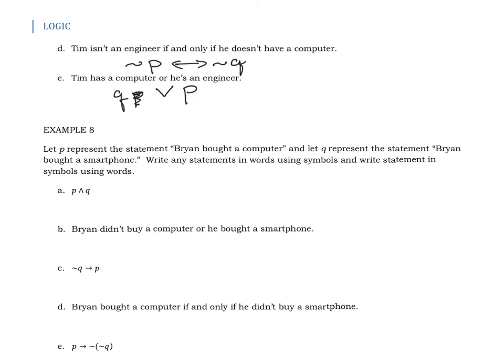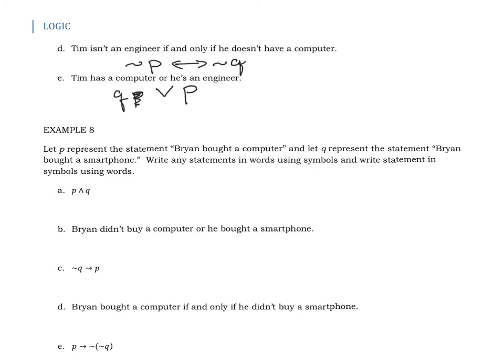All right, so let's look at example 8. Let P represent the statement Brian bought a computer, and let Q represent the statement Brian bought a smartphone. Write any statements in words using symbols, and write the statements in symbols using words. Okay, so we have a conjunction here.